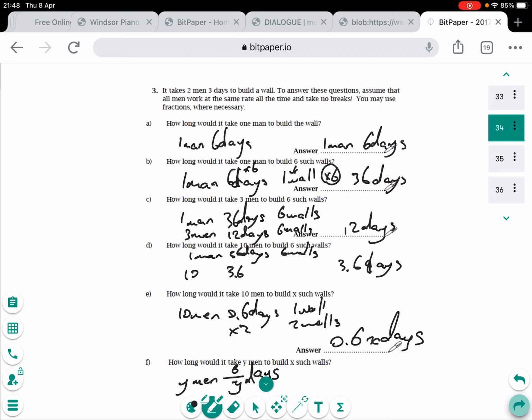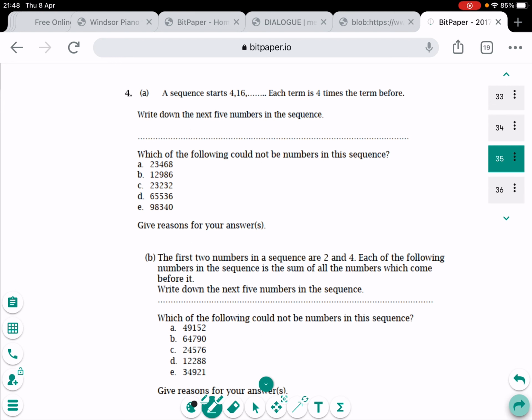So you times by X again. So 6x divided by Y. That's our answer for this one. Yep, that's correct. 6x divided by Y.